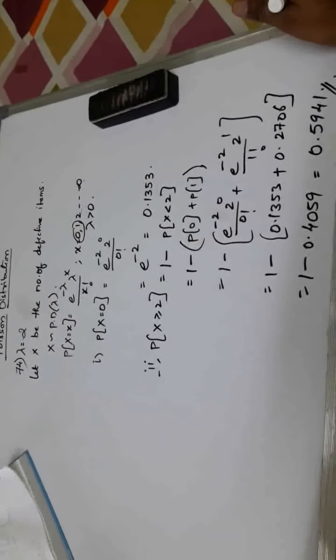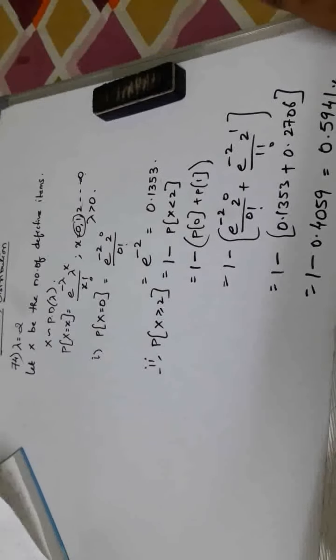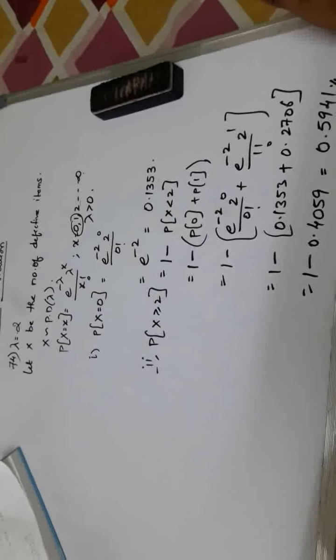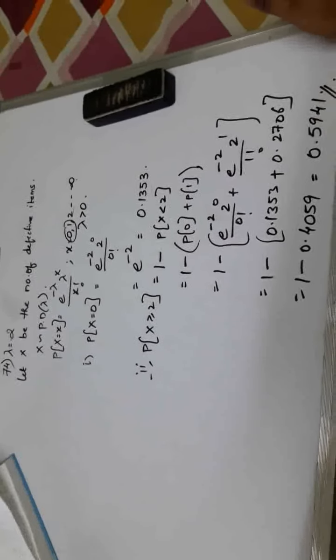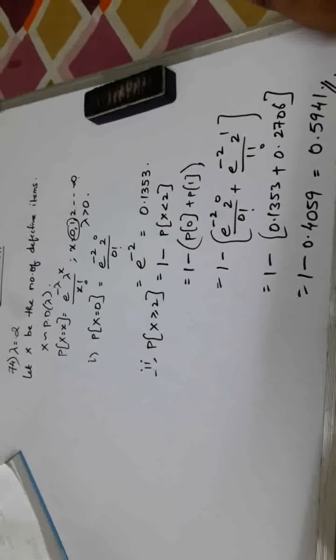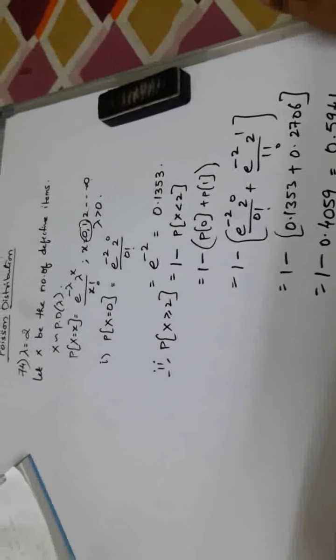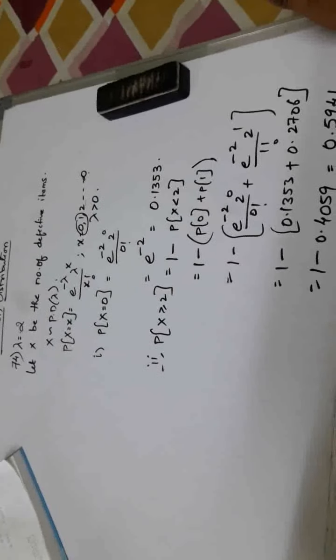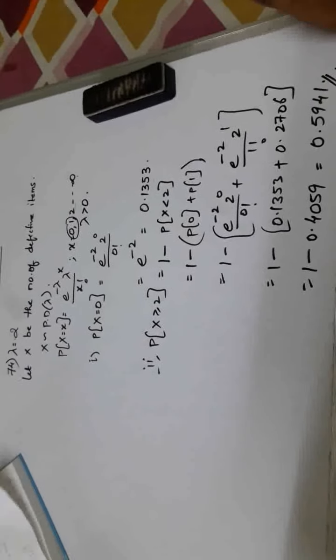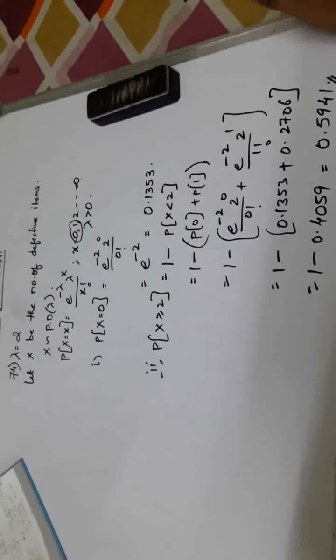So this is question number 74. First case is no defective items. Second case is at least 2 defective items. So this is the question. Question number 74. Hope you are following. Please make a note.